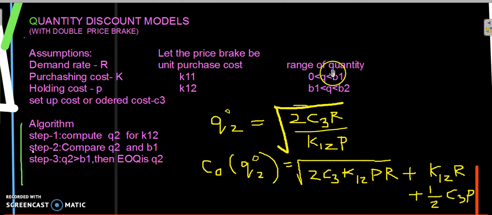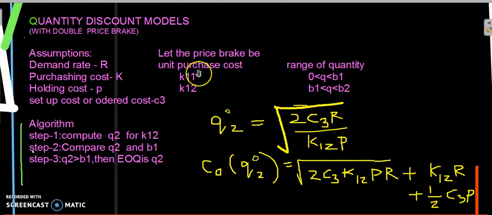For a quantity lying between these limits, this is the price break given to us. If that is the case, we have to calculate this. Then after calculating this, we can substitute; all the requirements are already available, nothing is unknown. By substituting this, we can get the optimum cost.